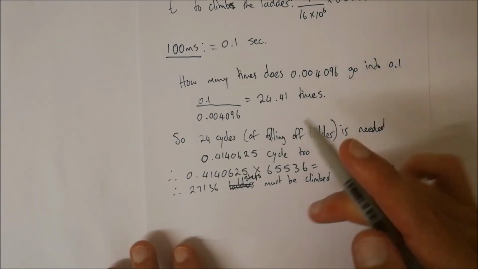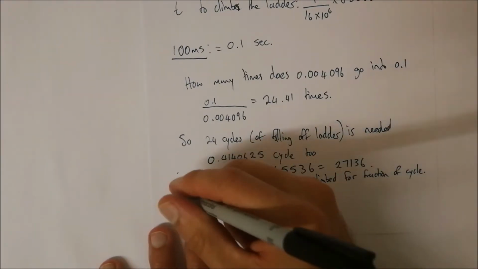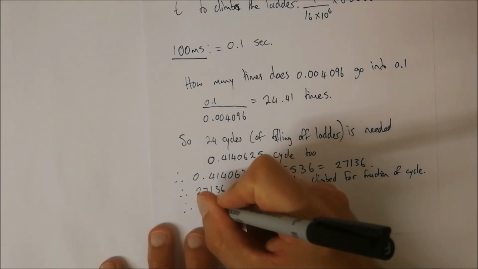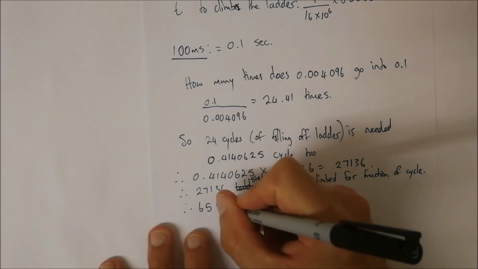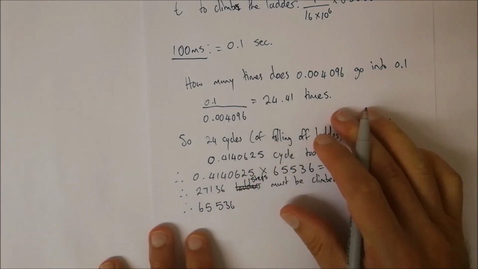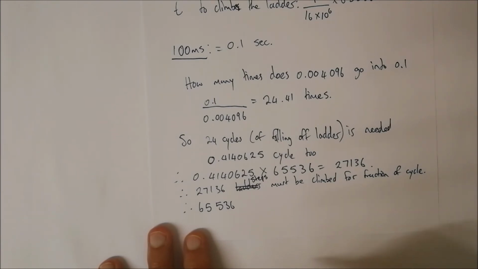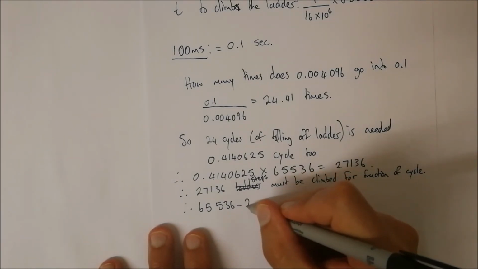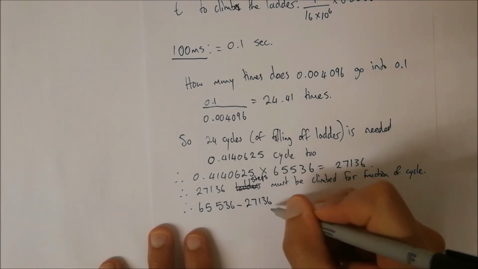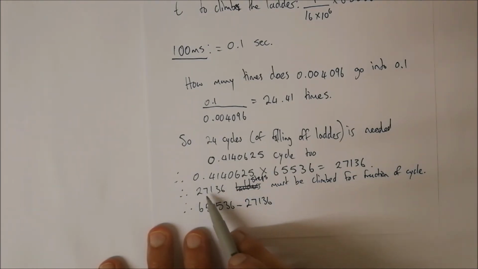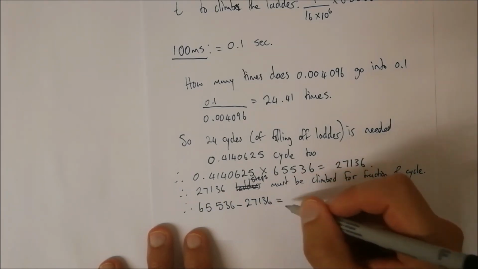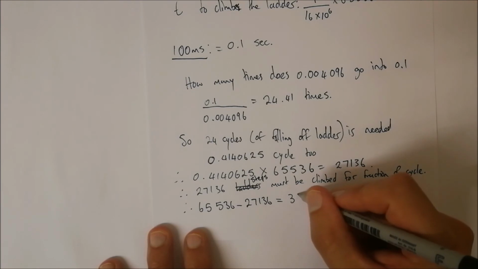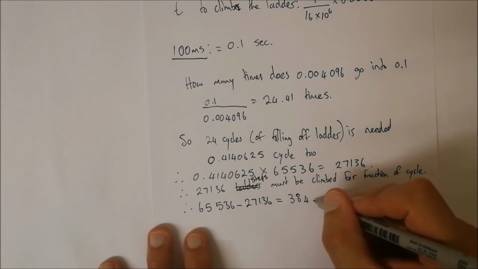Okay, so for us to do that, we say 65,536, which is the number of steps in a total ladder, minus this 27,136, which is the number of steps we've got to climb, is equal to 38,400.